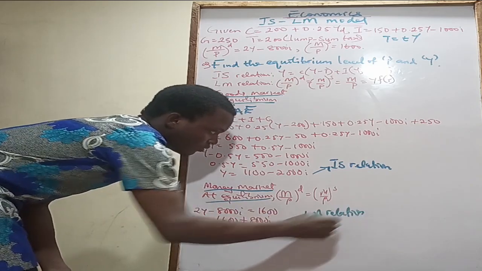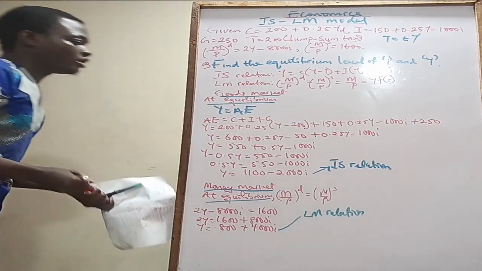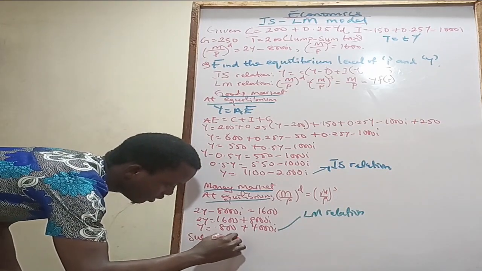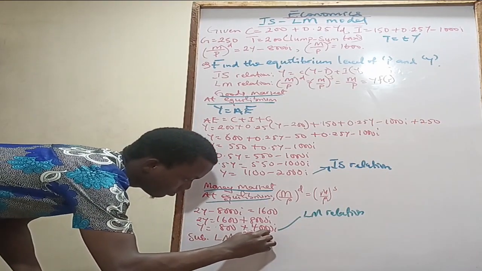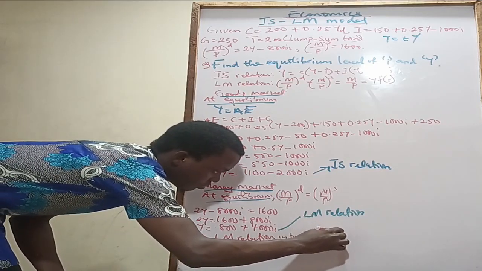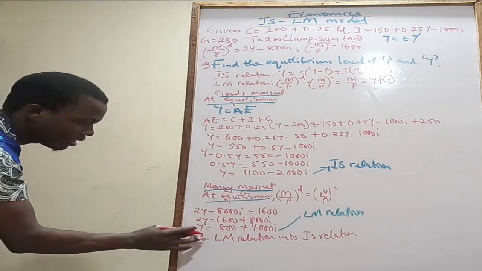So this is your LM relation. So how do we get the values of i and Y? Just substitute the LM relation into the IS relation. So Y is equal to whatever is here.